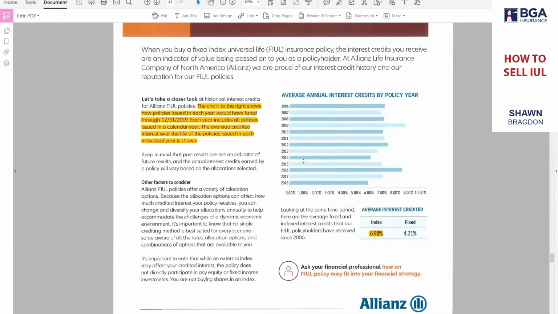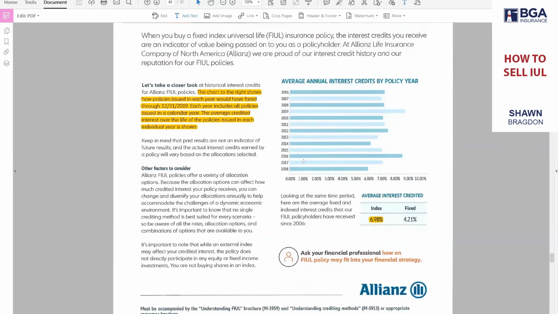Here's another report that Allianz did showing the over 30,000 policies they've sold over the last 15 years, and the average return of all those policies was 6.98%. So this isn't a hypothetical look back. They actually looked at the returns on all the policies that they sold, and they're averaging just under 7%.